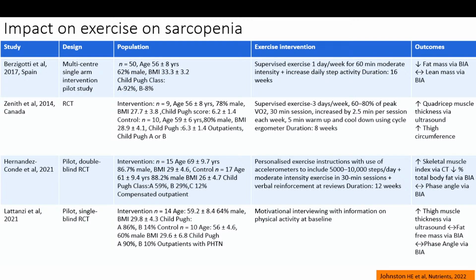But the catch is that these were not patients with sarcopenic obesity, although some of the studies contain patients with high BMI coming into the definition of obesity. So we don't have data on exercise in patients with sarcopenic obesity in cirrhosis per se.